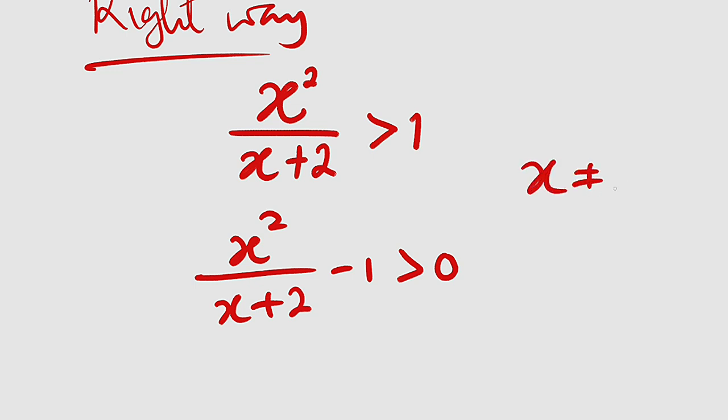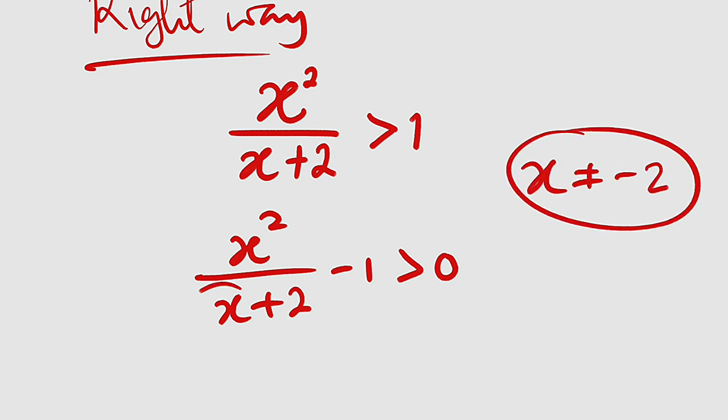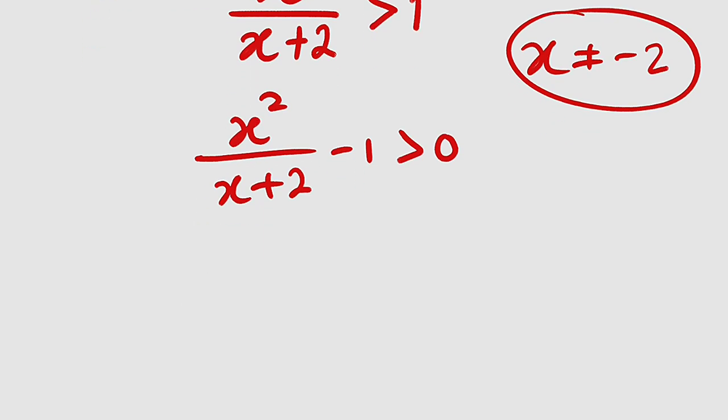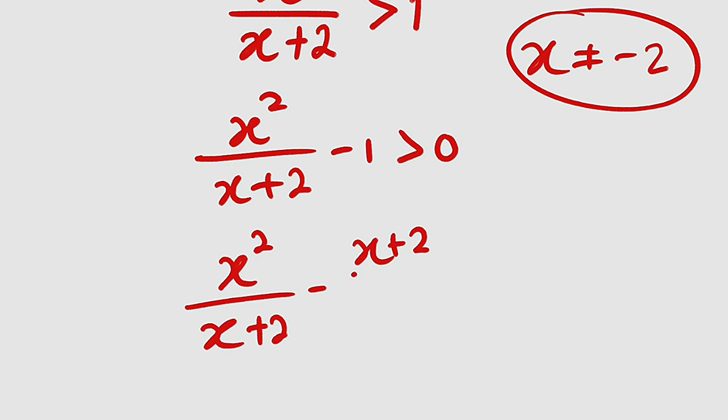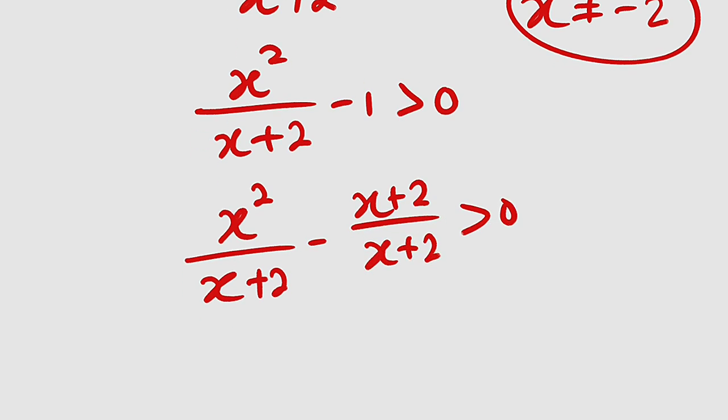Therefore, x can never be equal to -2, because if x is -2, -2 plus 2 is 0. We don't want any situation like that. We can rationalize this as 1 divided by 1, or we can simply write (x plus 2) divided by (x plus 2), right? So we have x squared divided by x plus 2 minus (x plus 2) divided by (x plus 2) greater than 0.